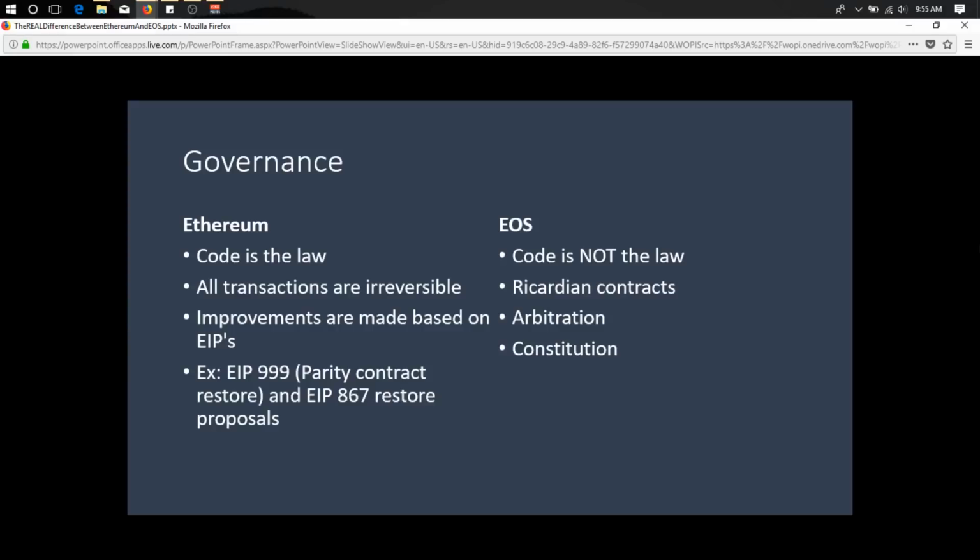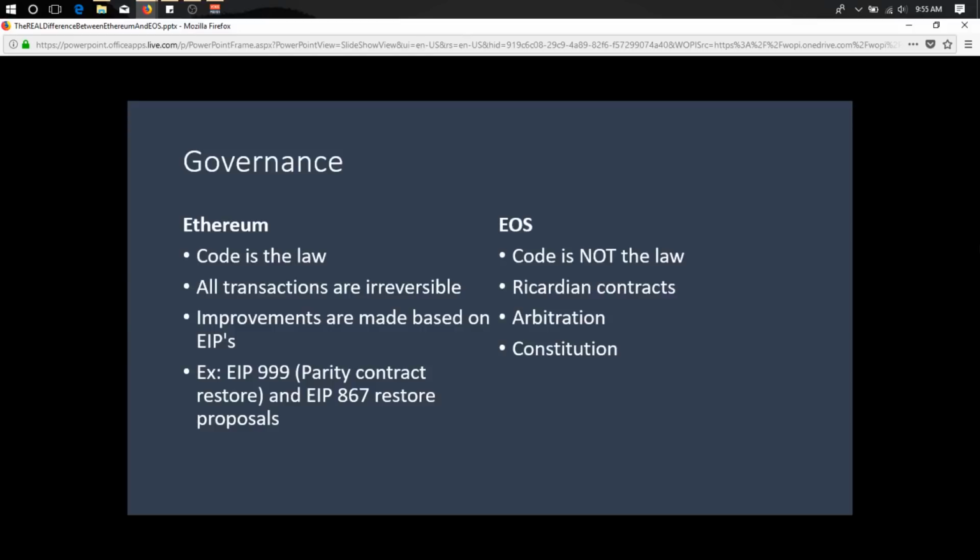And this brings us to our next topic, governance. In Ethereum, code is the law. Transactions are irreversible no matter what, including theft. Improvements are made to Ethereum based on EIPs, or Ethereum Improvement Proposals.